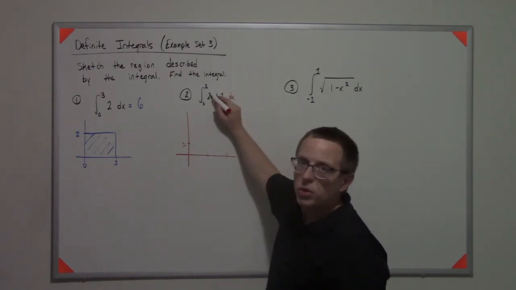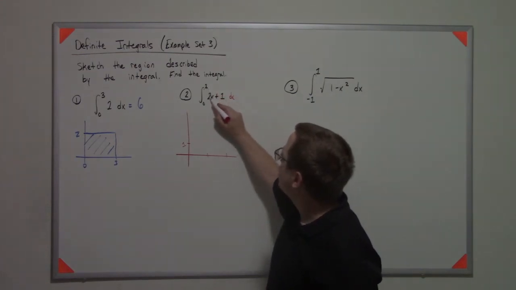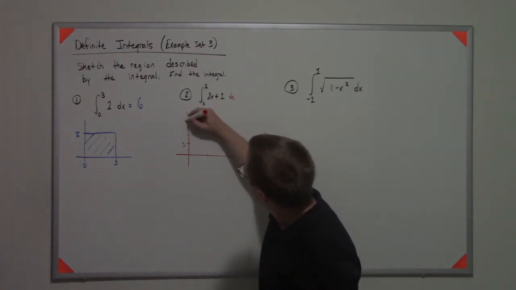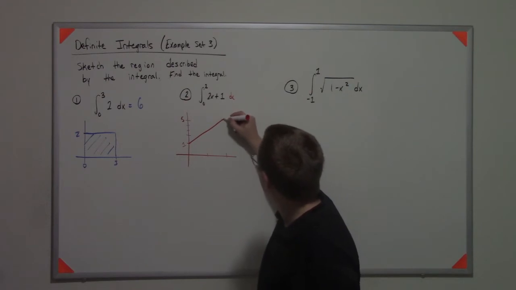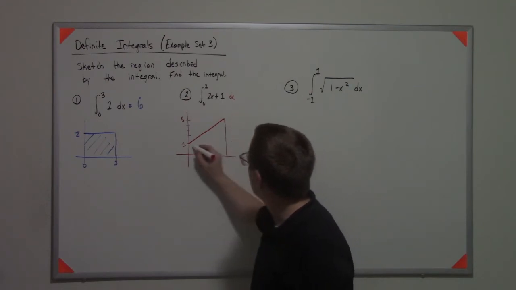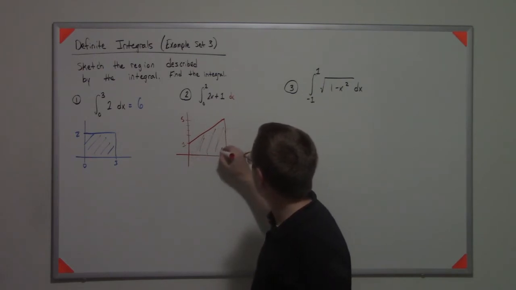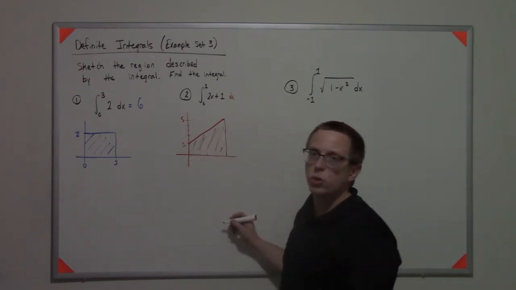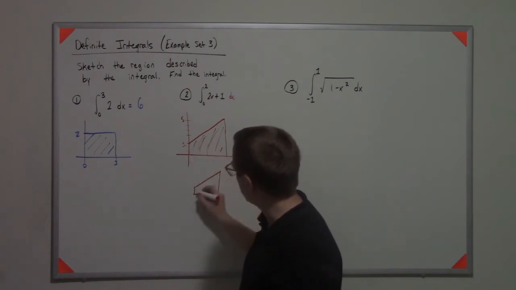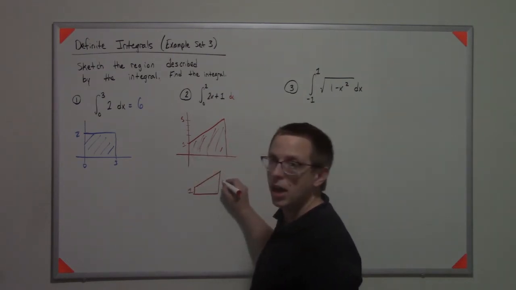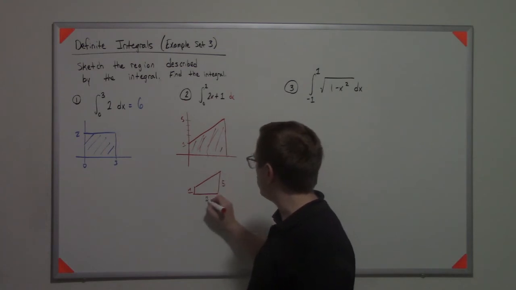But this is a line with slope 2, so when x is 2, 2x plus 1 is 5. So I actually have a trapezoid, which has height 1 on this side, height 5 on this side, and width 2.